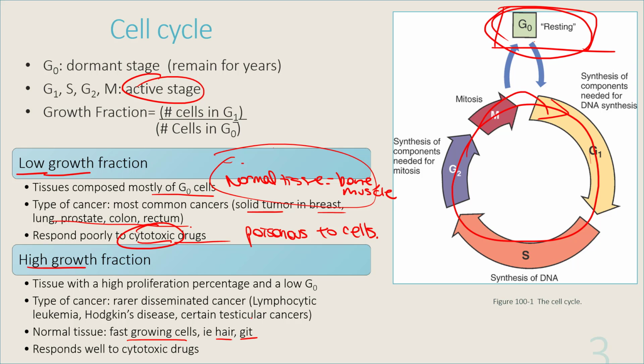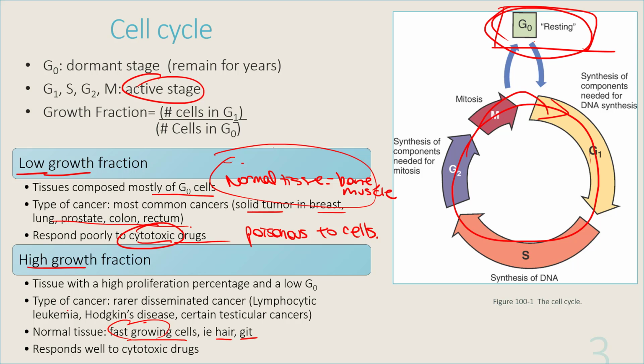Bone tissue, blood cells like red blood cells and white blood cells and platelets are also continually dividing because, as I said, platelets last for 5 to 7 days, red blood cells last for 120 days, and white blood cells have a variable lifespan depending on whether there are any invasive pathogens in the system. And so those are normal tissues that are fast growing.